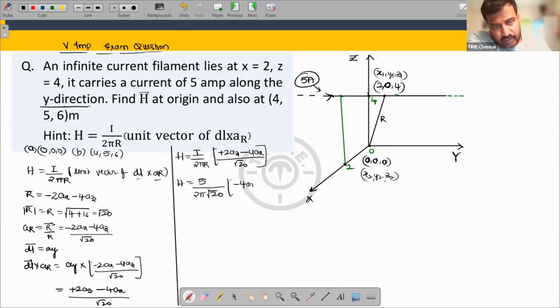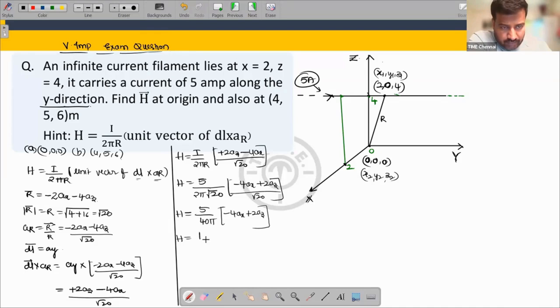Minus 4ax plus 2az by under root 20. H is 5 by 40 pi, minus 4ax plus 2az.